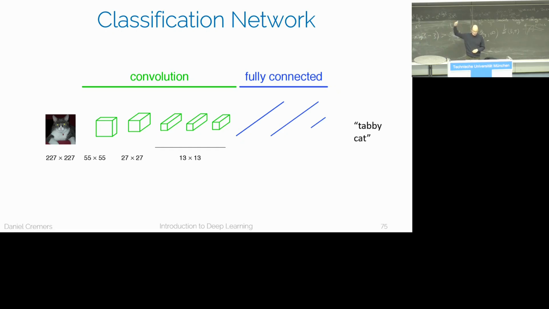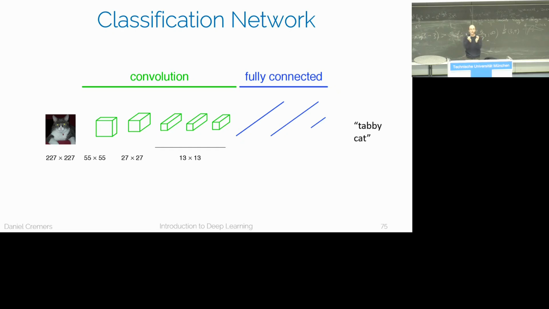But in the end, we would always have a fully connected layer. And this fully connected layer was necessary because you wanted to have a classification out and you had a very high dimensional input. So you ran this fully connected layer, or maybe even multiple fully connected layers. The problem was often that most of the parameters, most of the network capacity, was in these fully connected layers in the end, because the convolutions are very compact.